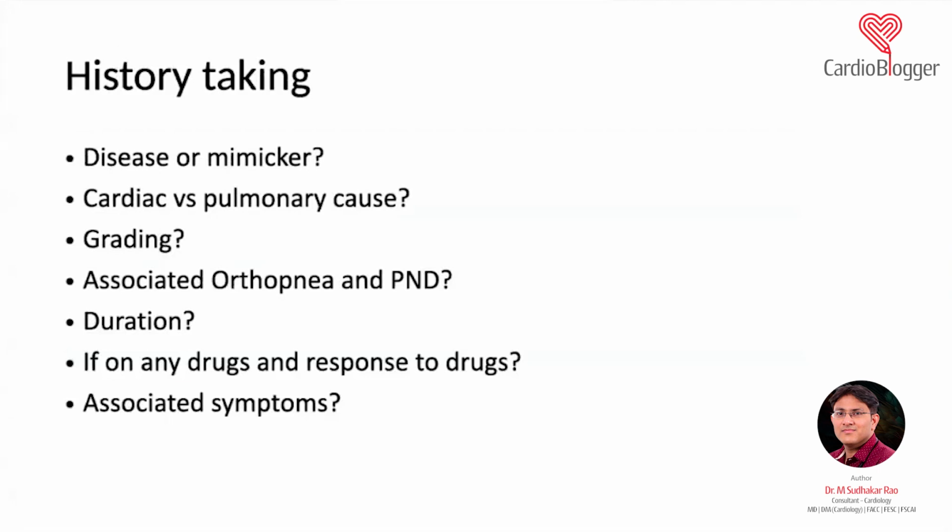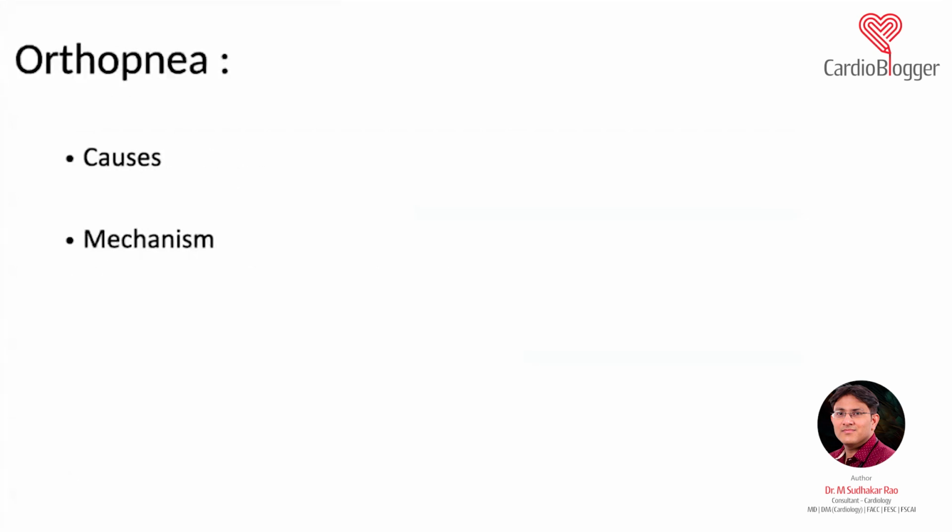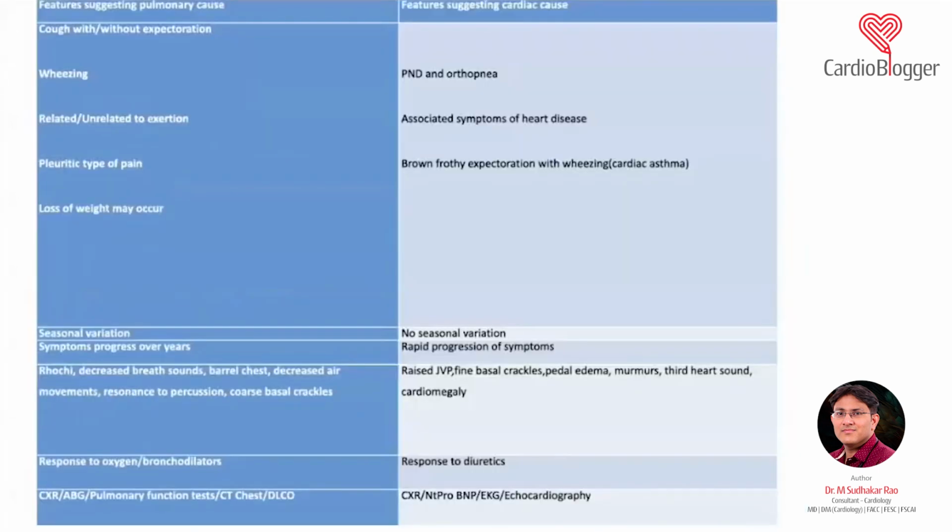Then, as I already discussed, whether it's a cardiac cause or a pulmonary cause of dyspnea, you should always see. The various things which tell that it is a pulmonary cause are cough with or without sputum, a history of wheezing, and it may be related or unrelated to exertion. Usually respiratory causes may be related or unrelated to exertion.